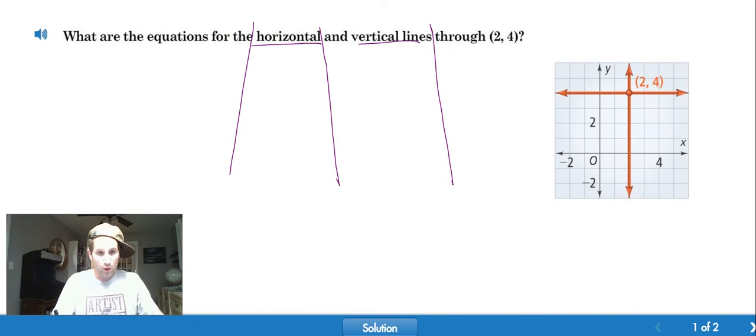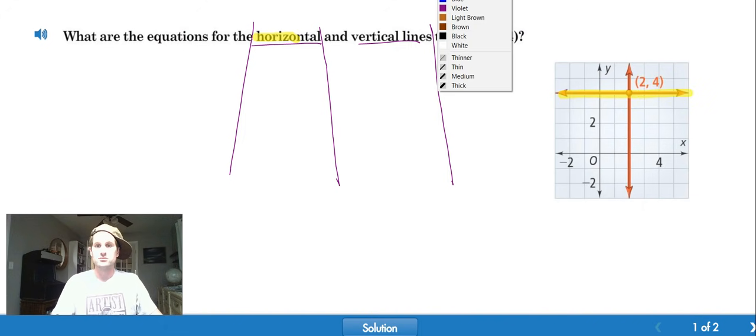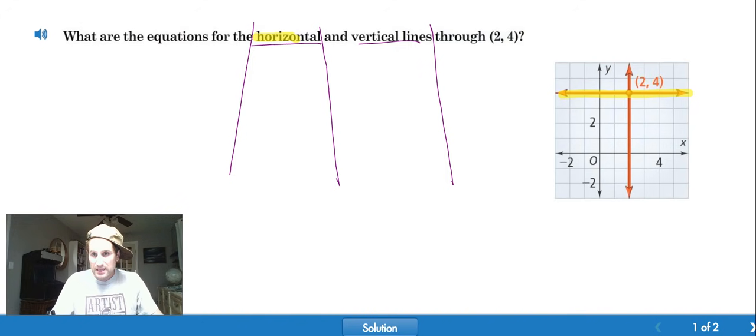Okay. Horizontal lines. Which is the horizontal line? Let's go ahead and highlight. Boom, boom, yellow, yellow. Okay? So, and can I write in yellow? No, it's going to look horrible. Let's write in black. What axis does the horizontal line hit? It hits Y. So it's going to be a Y equals line. Where does it hit it?